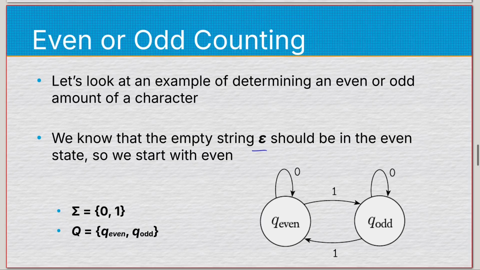Depending on what we are counting, it looks like we're counting 1s in this case. The alphabet is 0, 1, and then even and odd. We don't have an accept state, but we could have an accept state of even or odd. This one's more open to interpretation, but let's say start at Q even, and we'll accept if we have an odd.